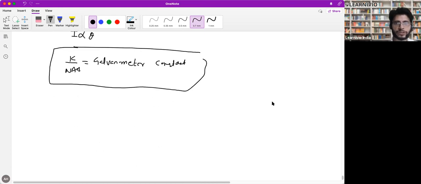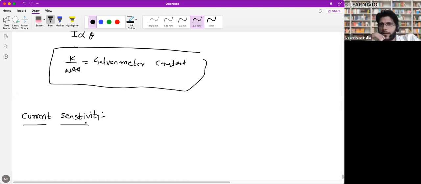Next topic, current sensitivity. Now let's see what we mean by current sensitivity. Current sensitivity means the deflection produced in the galvanometer when a unit current passes through it.